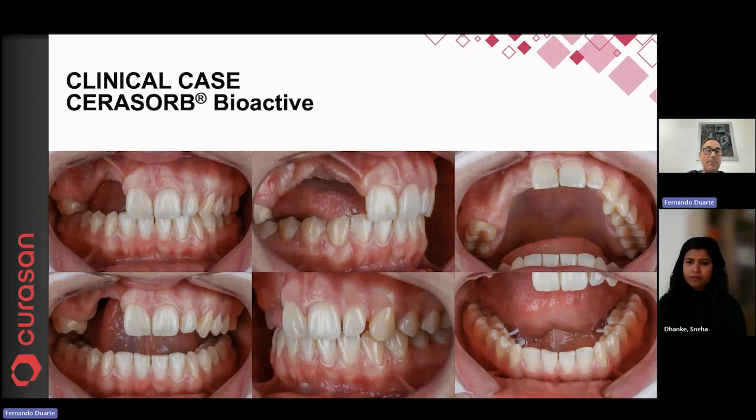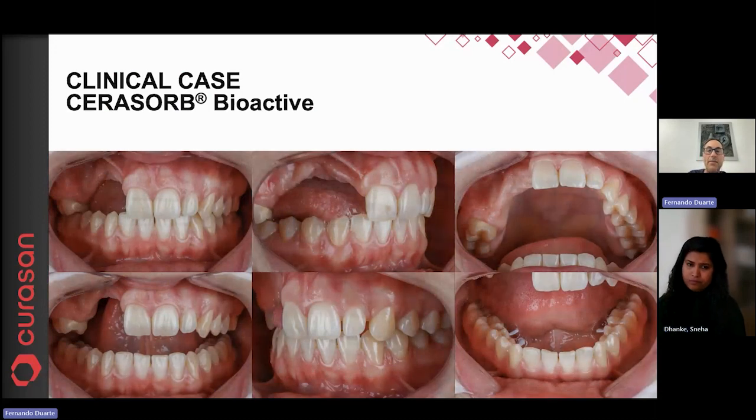And the first idea, as you can see there, was to say to the patient, okay, no matter how many surgeries we have to do, we need to protect the bone defect and the bone grafts that we will do.